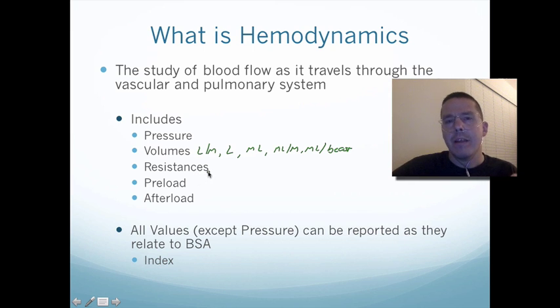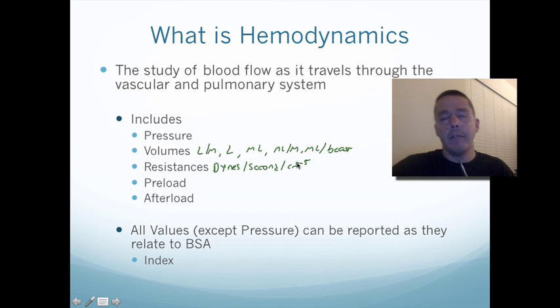Resistances are commonly measured in a very abstract unit that a lot of people have never heard of: dynes per second per centimeter raised to the negative fifth. Unfortunately, there's really no better way to remember that. If you've got one, put it in the comments. I'm all about it. But it's just one of those things that you're going to have to memorize.